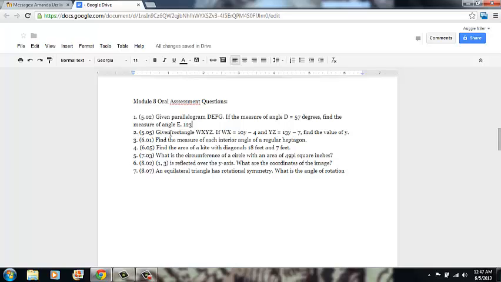Number 2, given rectangle WXYZ, if WX equals 10y minus 4 and YZ equals 13y minus 7, find the value of y.